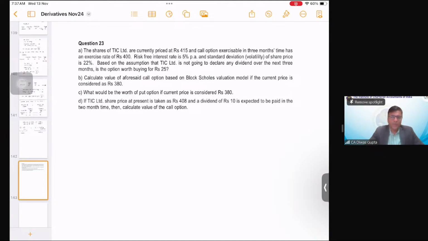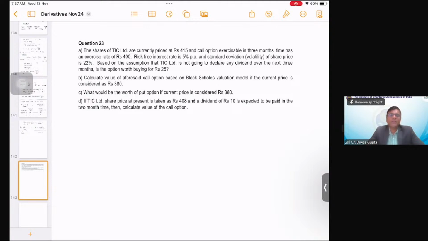So the spot price is 415 and the exercise price is 400. The risk-free interest rate is 5% per annum and the standard deviation, volatility of share price, is 22%. Based on the assumption that TIC Limited is not going to declare any dividend over the next 3 months, is the option worth buying for rupees 25? Clear?